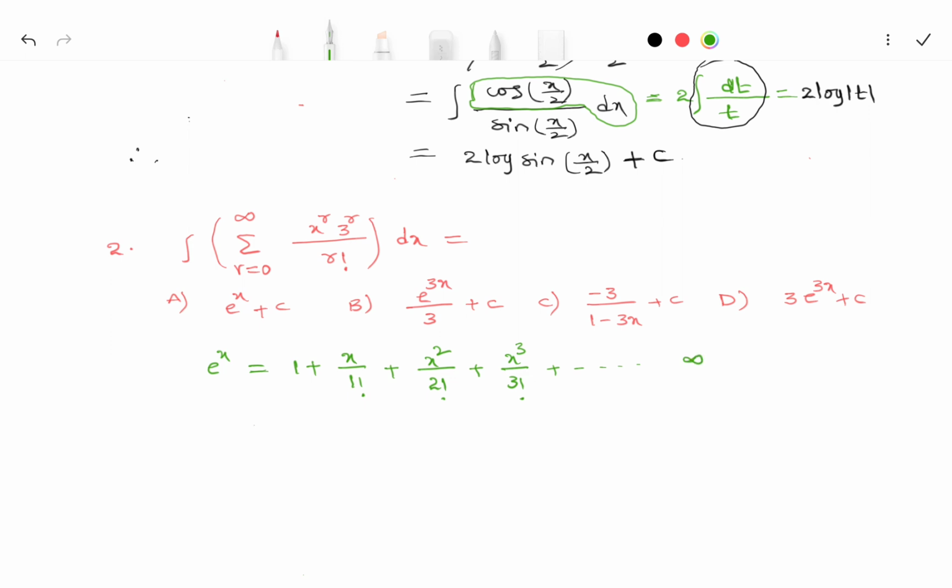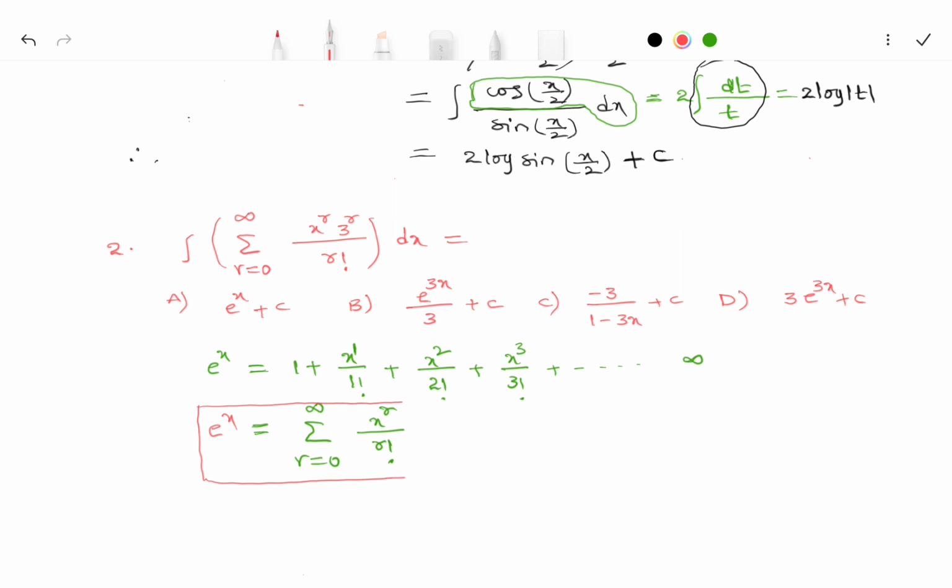You can write this in summation form. Here 1 means x power 0 by 0 factorial. So you can write it as sigma r equals 0 to infinity of x to the power r by r factorial. So e power x can be written in this expression.